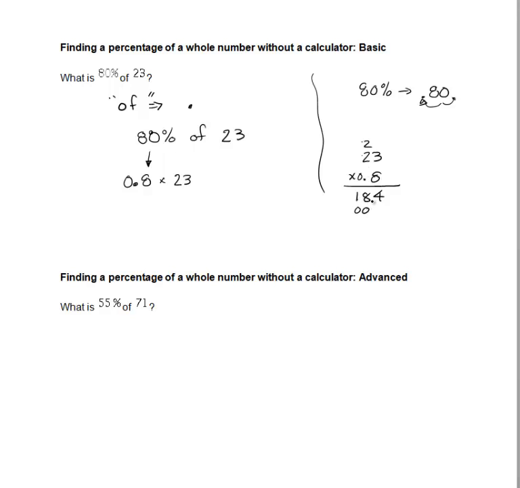So I have 4, 8, and I count the number of places behind my decimal point in my original two numbers, and there's only one of them. So I simply move my decimal point back 1. So my answer is 18.4.